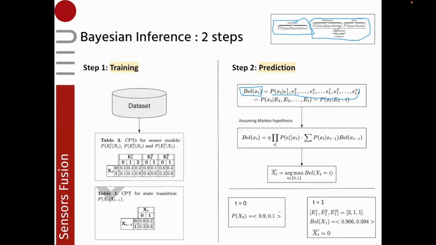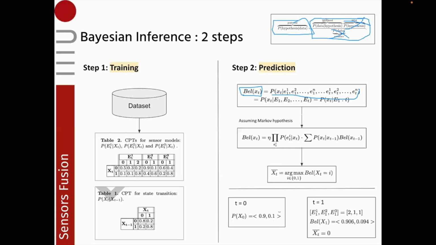In our case, we have no distribution on the data and no particular distribution on the value of the state. So the prior and the evidence are not considered. In this case, we can say that the posterior probability is equal to the likelihood.